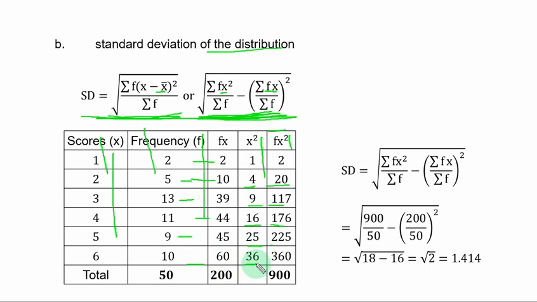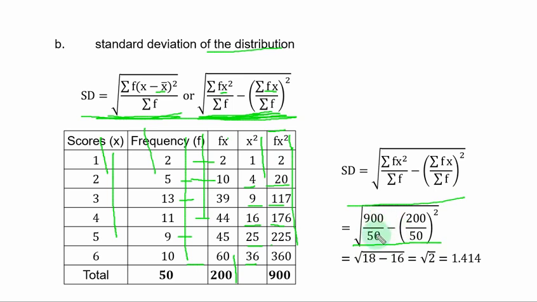From the formula, we need summation of F, so you add this one down, you have 50. Summation of Fs is needed, you add this column down and you get 200. Summation of Fs squared is needed, you add this column down and you get 900. So this is the formula. You replace the various parts with what they stand for.